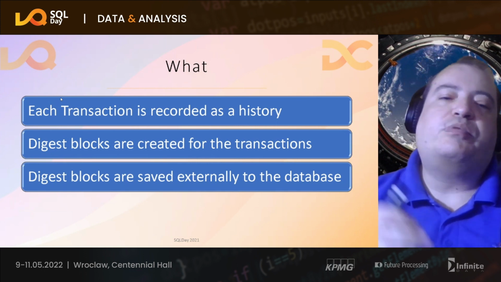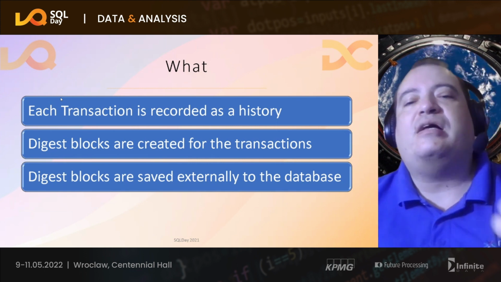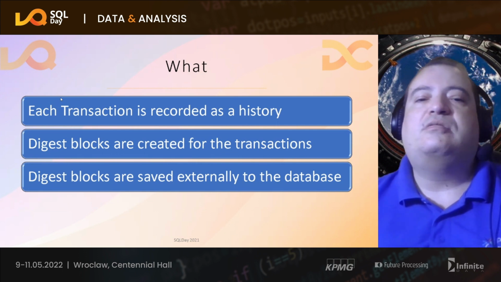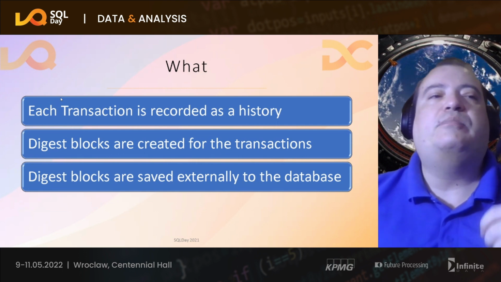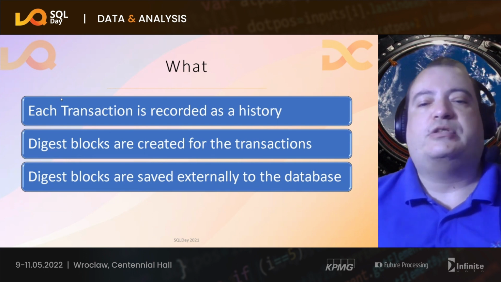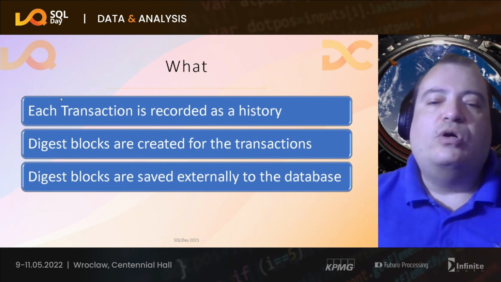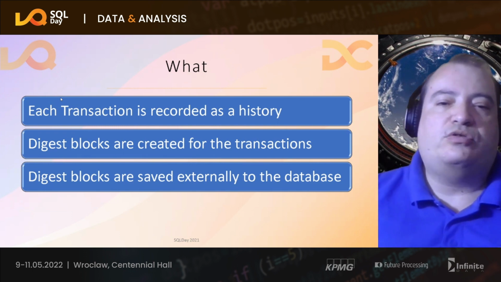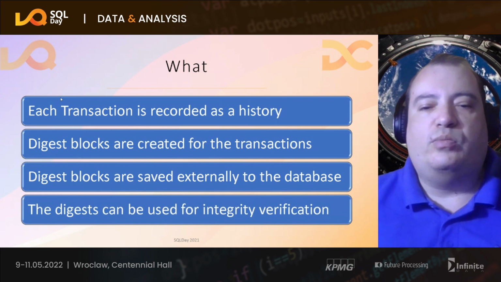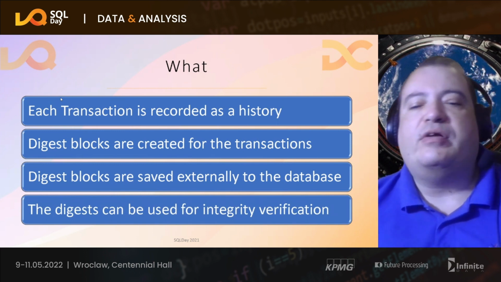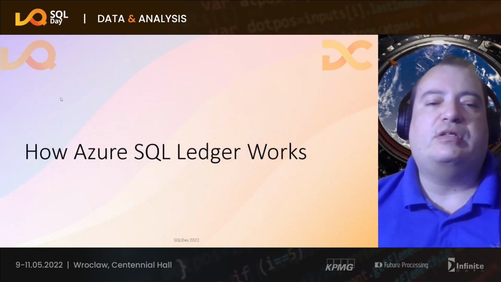Digest blocks are saved externally to the database, and this external storage needs to be immutable storage. So we can check the database against this external storage at any moment, and the digest can be used to verify the integrity of the database.